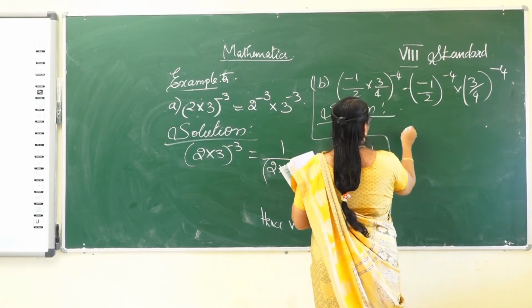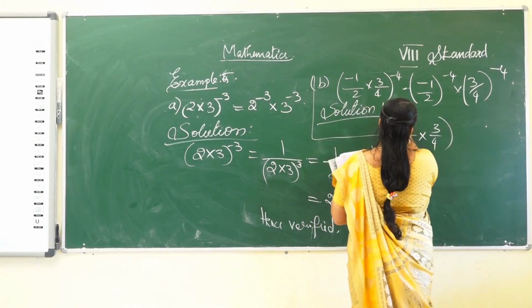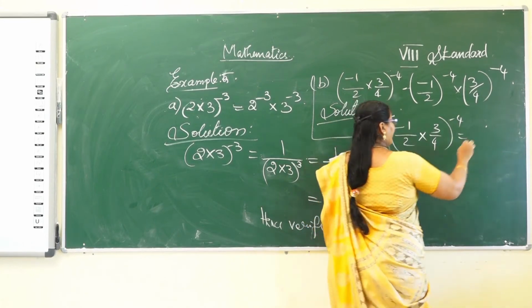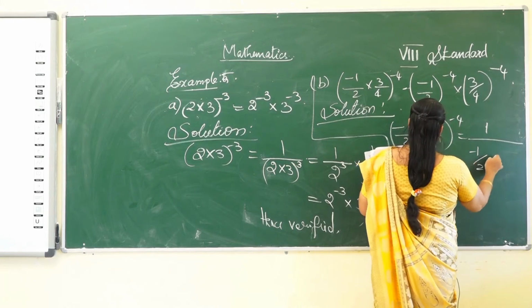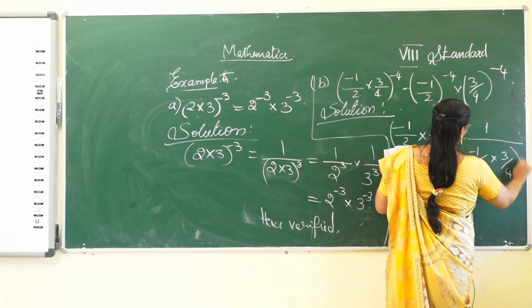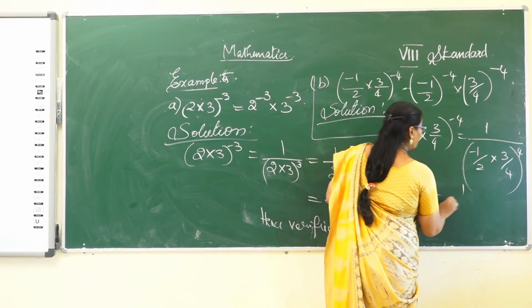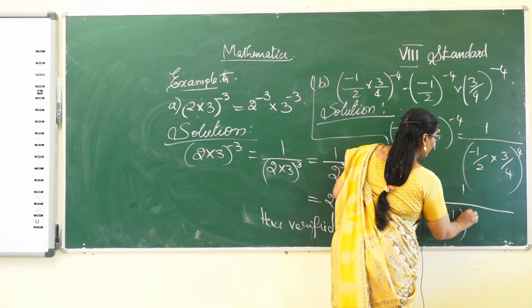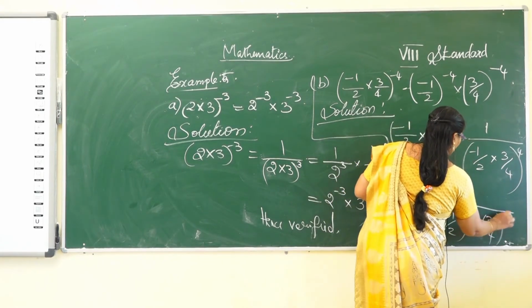Now consider the left hand side: (minus 1 by 2 into 3 by 4) power of minus 4 is equal to, negative exponent, write in the reciprocal: 1 by (minus 1 by 2 into 3 by 4) the whole power of 4. Now write in the expanded form: 1 by (minus 1 by 2) the whole power 4 into (3 by 4) the whole power 4.